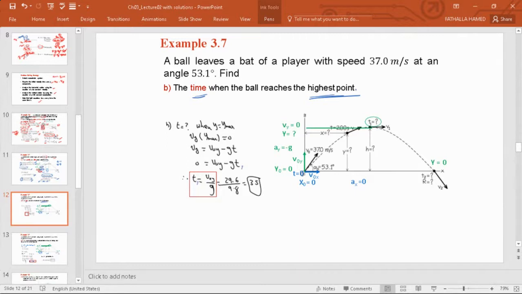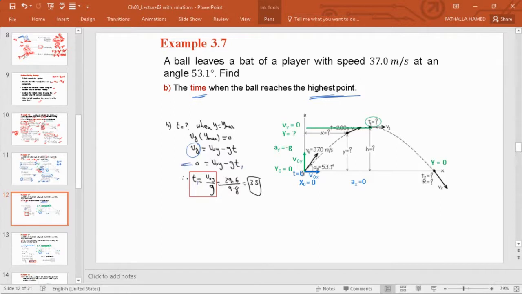Now, you know one thing: at the maximum height, your Vy should equal 0. So Vy equals V0y minus gt. At maximum height, your Vy should equal 0. So 0 will equal V0y minus gt.